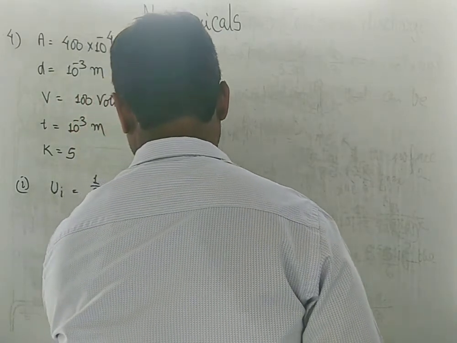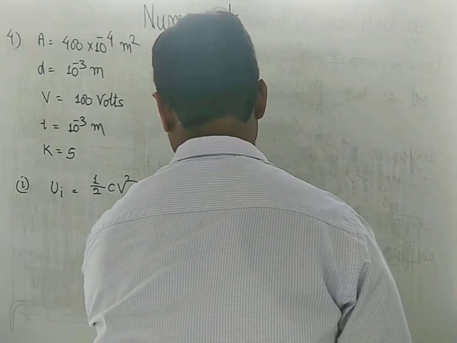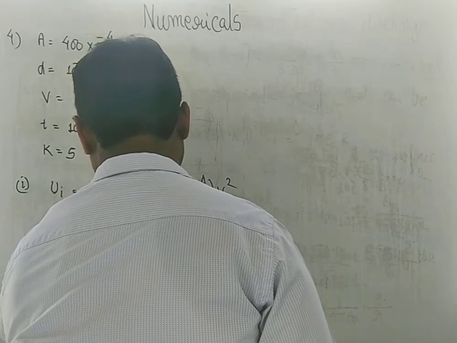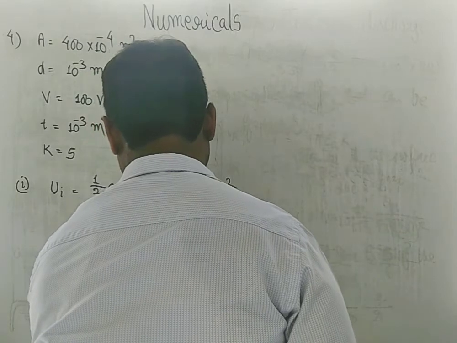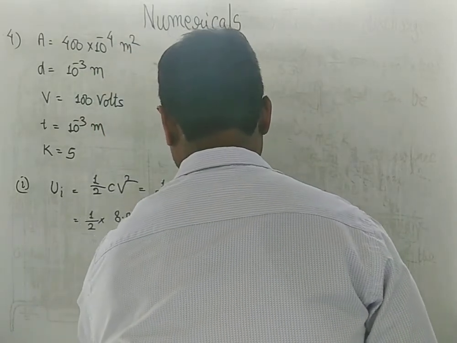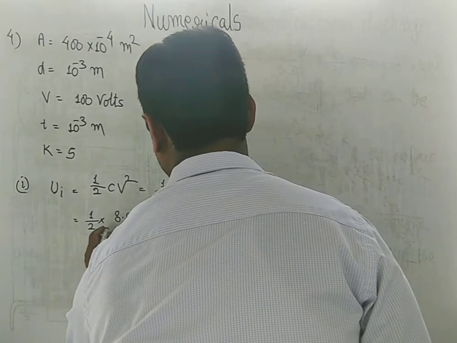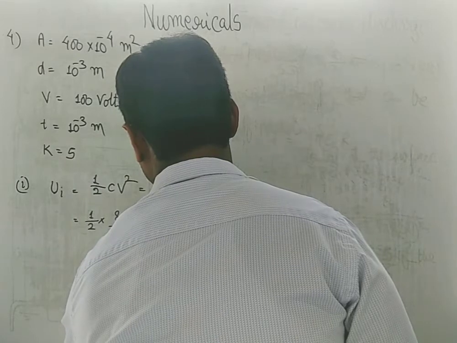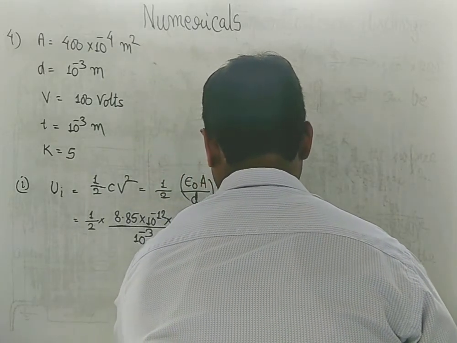So C is epsilon naught A by D, so Ui is half epsilon naught A by D into V square. Now just placing the values: half into 8.85 into 10 to the power minus 12 into area, which is 400 into 10 to the power minus 4, divided by separation, which is 10 to the power minus 3, into 100.